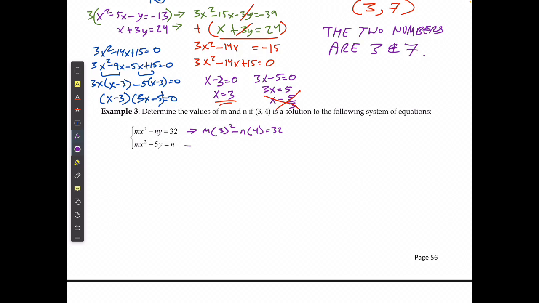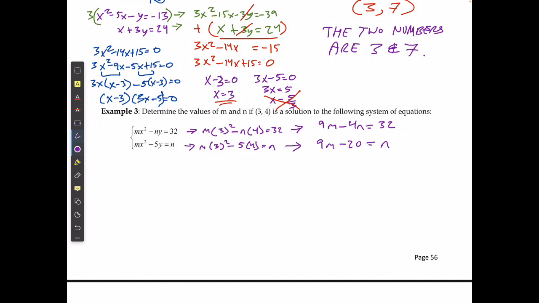In the second equation, m times 3 squared minus 5 times 4 is equal to n. And I can simplify both of these: 9m minus 4n is equal to 32, and 9m minus 20 is equal to n.